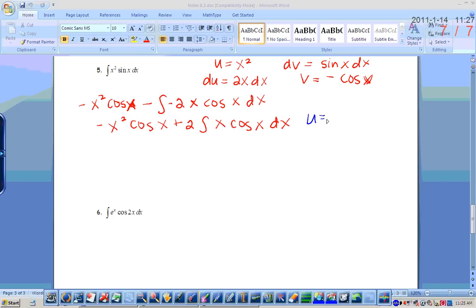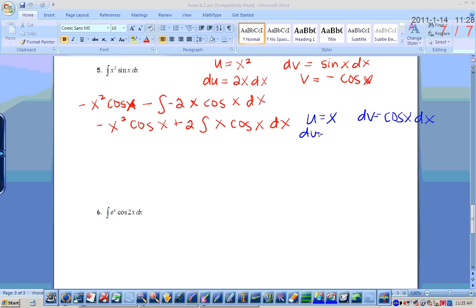I promise. All right, now, the only rule about this is you've got to keep them in the same family. Like if you let u be the x squared the first time around, you need to let u be the x this time around. dv is cosine x dx.